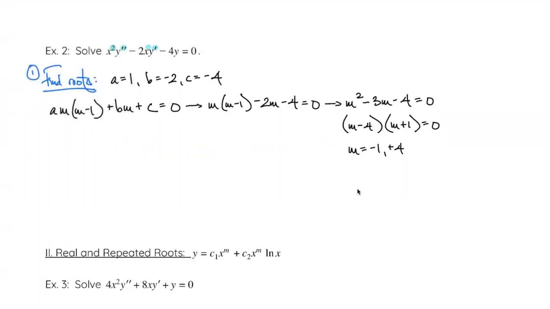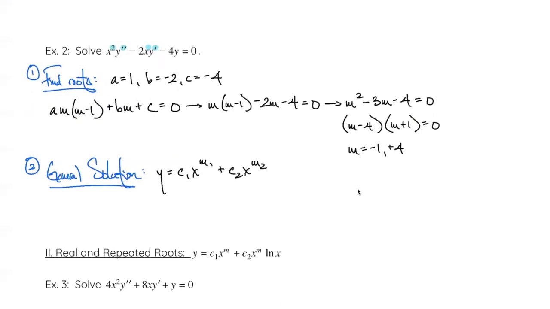And so we can see here that these are different roots, and they're both real roots. So we can find the general solution, general form. And that is y equals c1 x to the m1 plus c2 x to the m2.